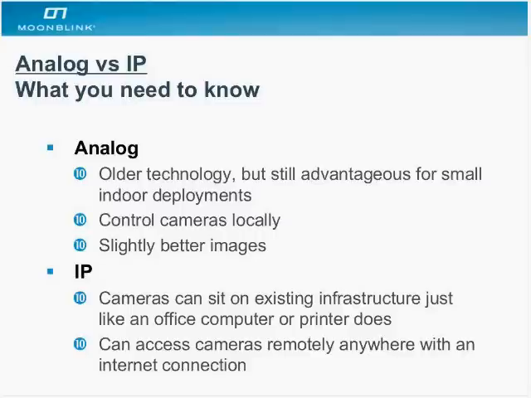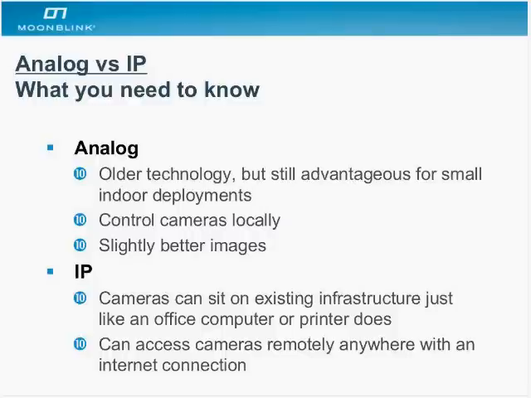With IP cameras, the huge advantage is cost. Because most companies already have an existing IP network, you can take advantage of that existing infrastructure and deploy a camera and just attach it to a switch, just like you would a computer or printer or any other network device, and it's that simple. You just assign it an IP address and make sure it's on the same network as yours, and you've got visibility.